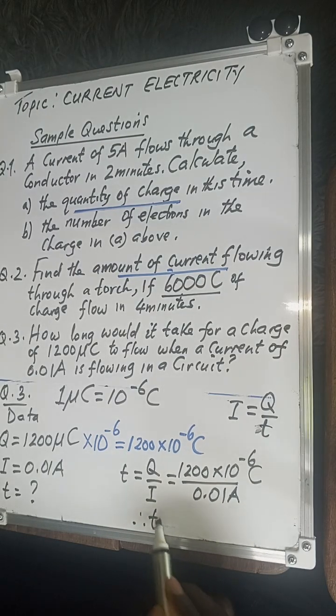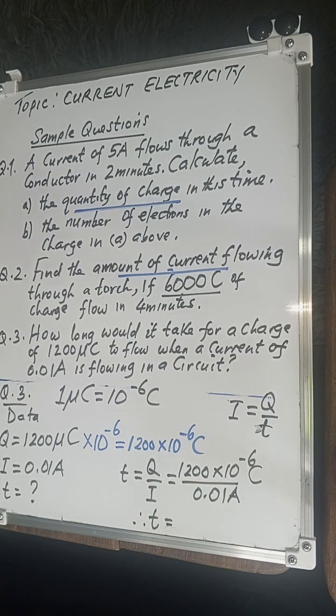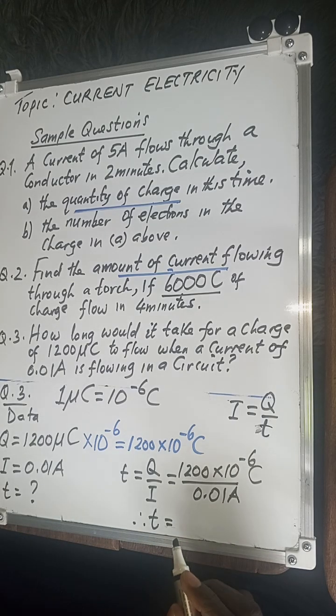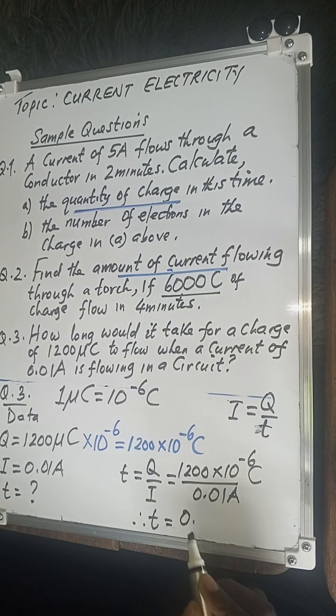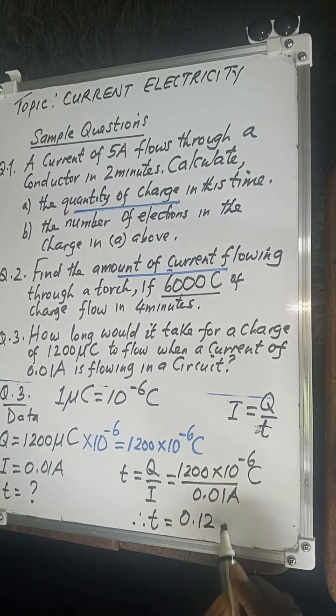So therefore, what would be the time? Well, using your calculator, you can just punch it. If you calculate 1200 exponent negative 6 divided by 0.01, it is going to give us our final answer: 0.12 seconds.